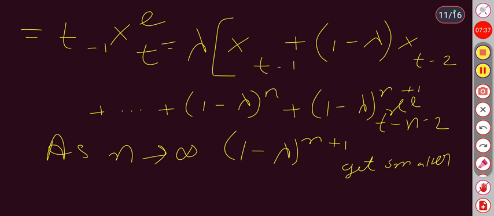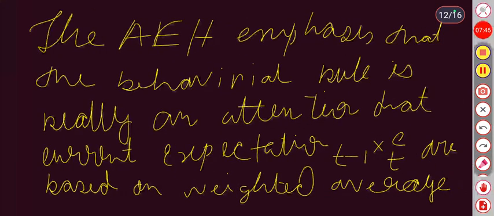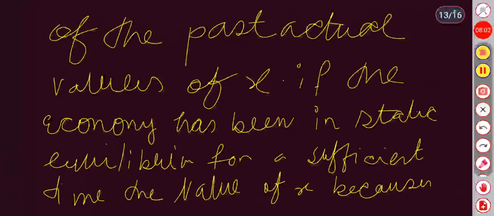That is why the value 1 minus lambda to the power n plus 1 gets smaller. So the adaptive expectation hypothesis emphasizes the behavioral rule that current expectation x t e is based on a weighted average of the past actual values of x.